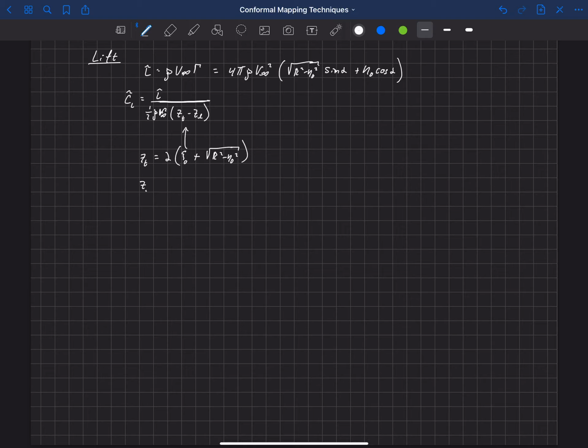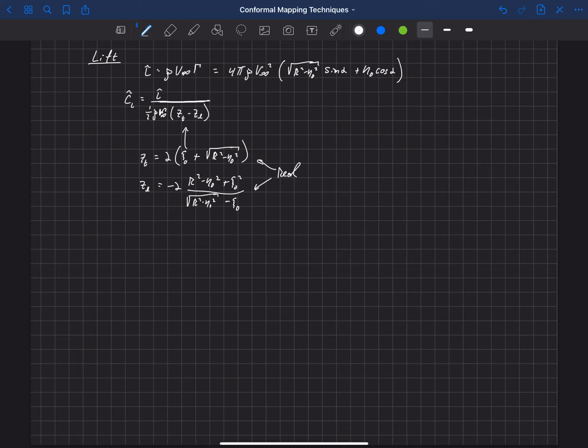And z leading edge we found was at minus 2 times r squared minus eta naught squared plus c naught squared over the square root of r squared minus eta naught squared minus c naught. Notice that both of these are real numbers, and we can subtract the two to get the chord.